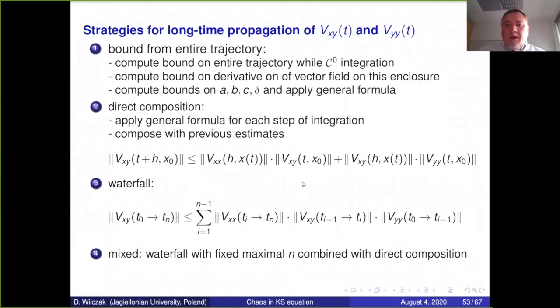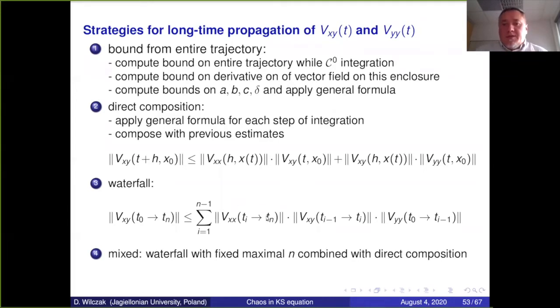And the most powerful method is the waterfall. Of course, it gives us the best numbers, but it's very costly, actually. I will show you the numbers later.